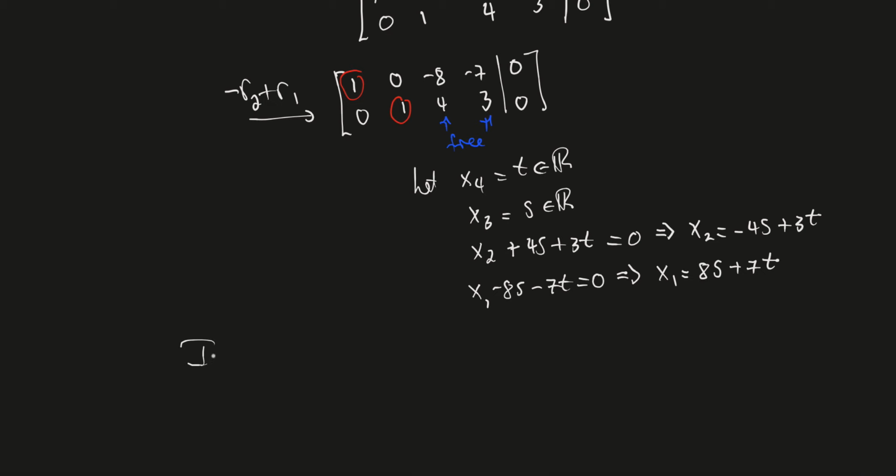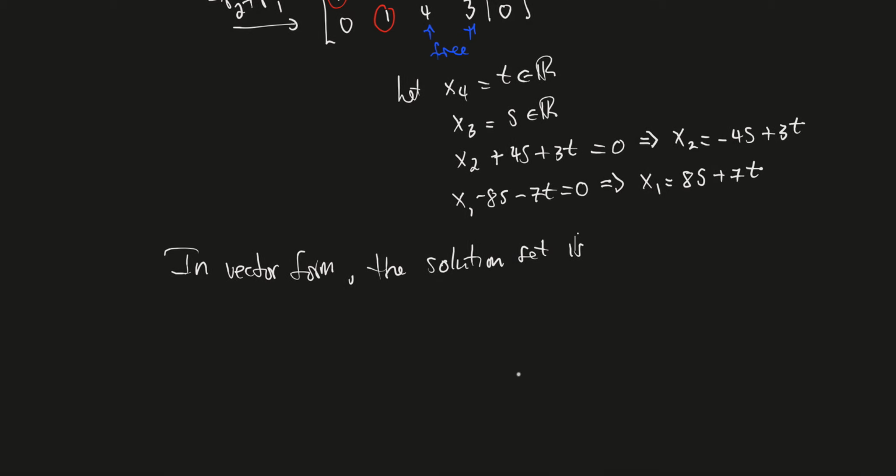So in vector form, here's our solution set. It is a vector of the form where x1 is 8s plus 7t, x2 is -4s plus 3t, x3 is s, and x4 is t.